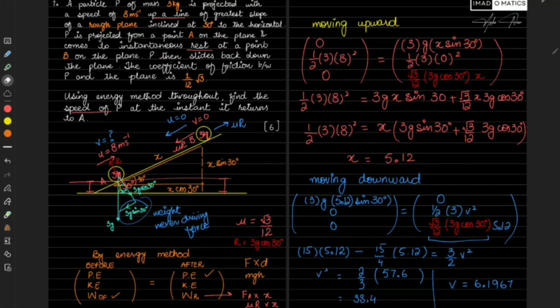So this is your whole working to find the velocity at the end of the journey when it returns to point A. This is all about question number 7. We are supposed to apply this energy method twice to get the required result. Yeah, that's all about the paper May-June 2025 for mechanics 1842.